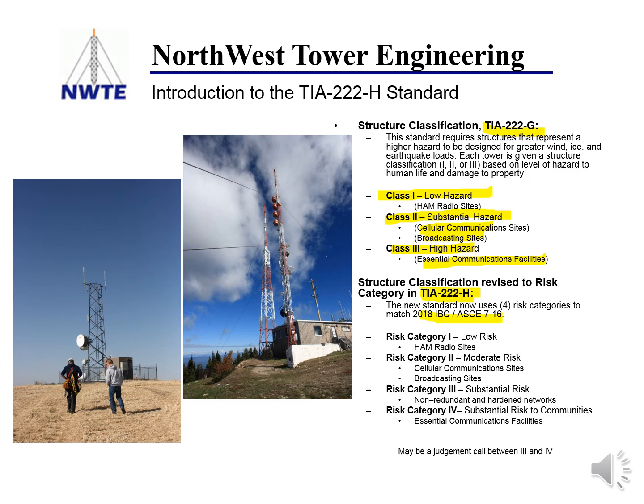We have category 1 and 2, pretty much the exact same as above in the G standard, but we now have a risk category 3 and a risk category 4. These were combined before, and now they're broken out. But we will be mostly using risk category 4, essential communication facilities, because it really will be a judgment call.